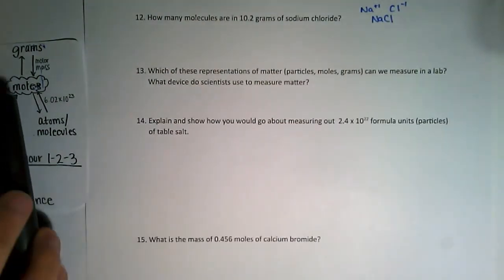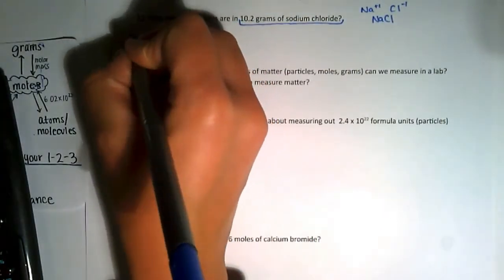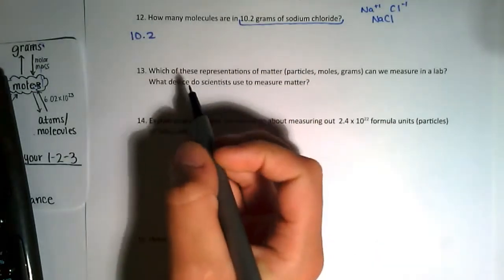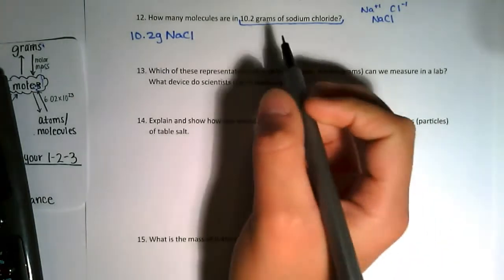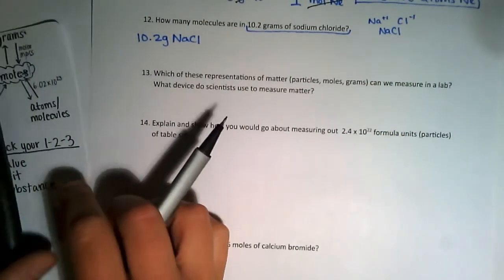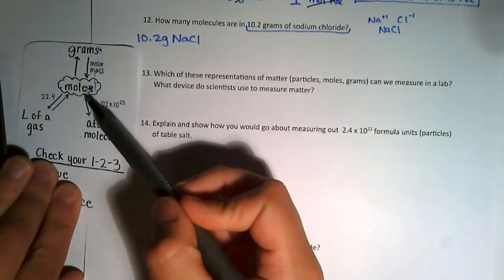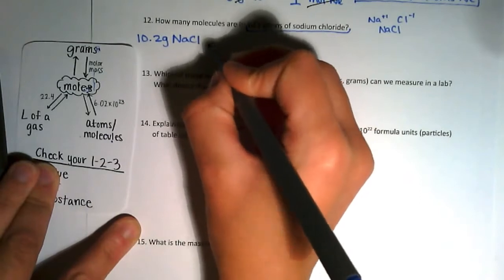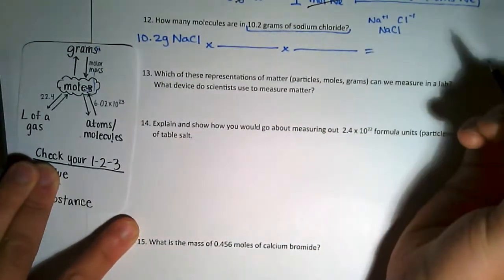So we start with 10.2 grams of NaCl. And then we know we need to get from grams all the way to molecules. So it's going to be 2 conversion factors, and we'll have our answer.